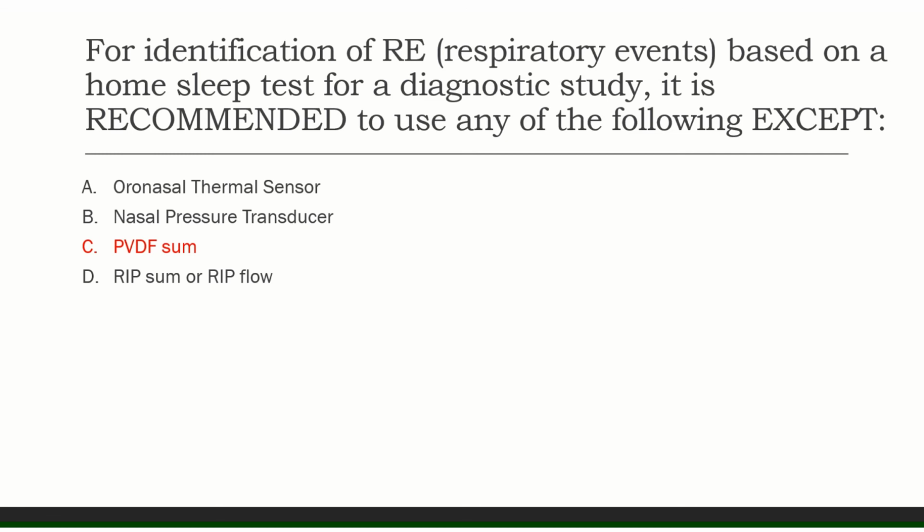Because we just went over the different types of rip belts that we would use. And we know that it wouldn't be D because we know that respiratory inductance plethysmography is a recommended channel. Okay, it's recommended. It's also recommended as far as our airflow channels to use an oral nasal thermal airflow sensor or nasal pressure transducer. So we will follow all of the same recommended guidelines that we would do for PSG or a CPAP.